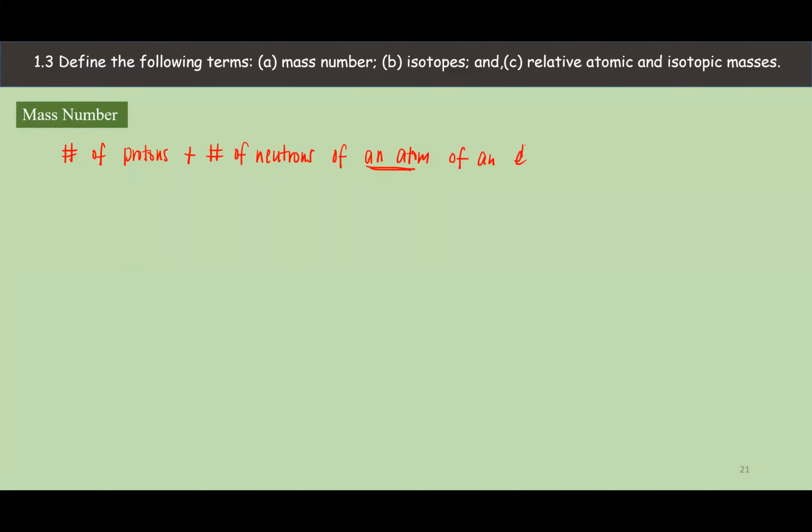That is what the mass number is. It's the number of protons plus the number of neutrons of an atom of an element, a single atom.